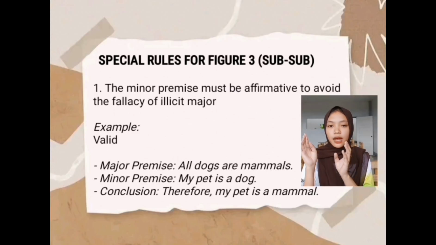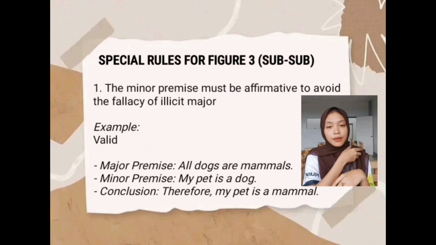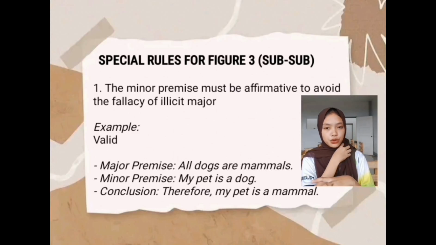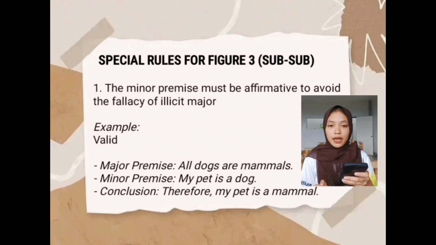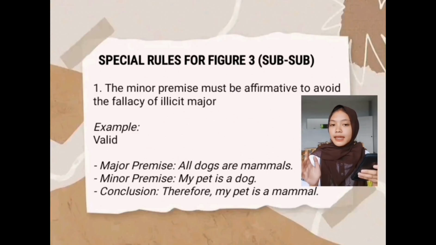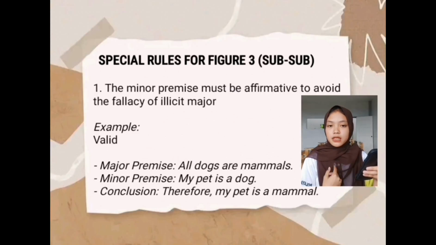Dapat kung ano lang yung nasa major premises mo is hindi ka dapat mag-broader claim sa conclusion mo. This rule states that the minor premises must be affirmative, meaning nagsistate lang siya ng positive, hindi negative. So this is to avoid the fallacy of illicit major.